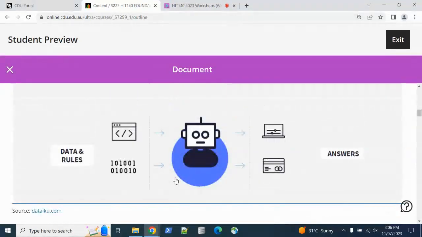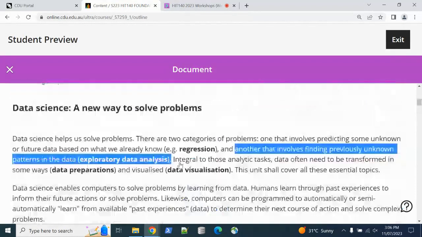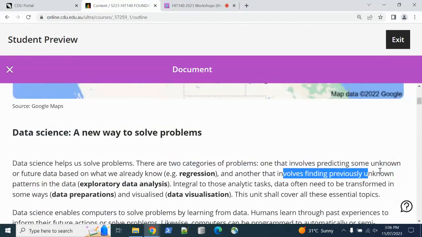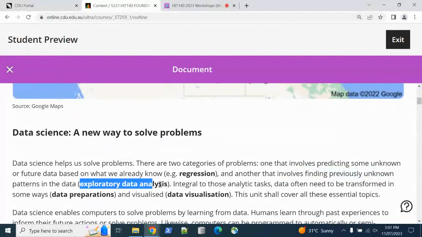Let me just illustrate further the difference between these two categories of problem: predicting, and finding previously unknown patterns in data. I'll start with the exploratory ones first. Now the question is, we all know the terms boyfriend and girlfriend, right?